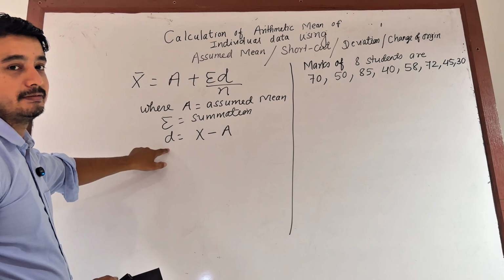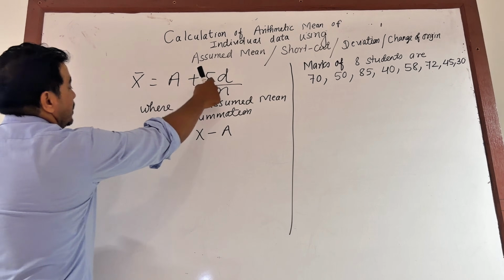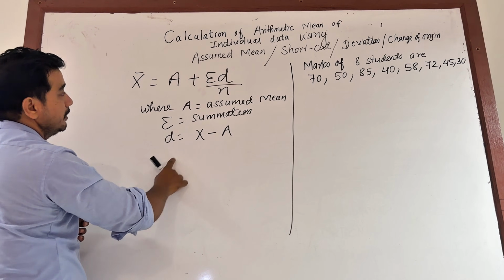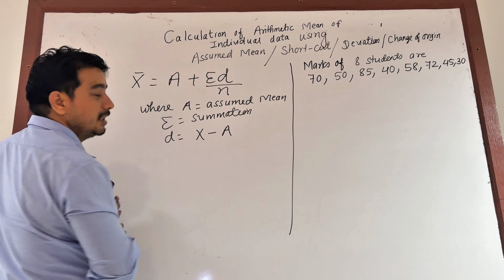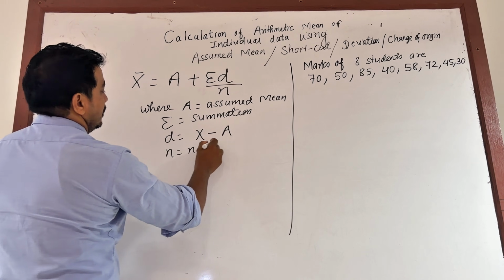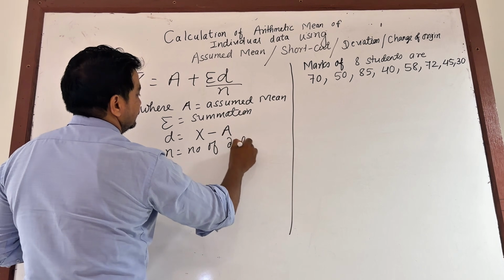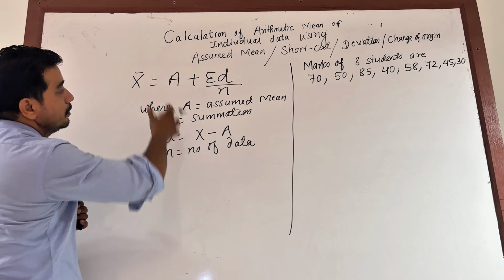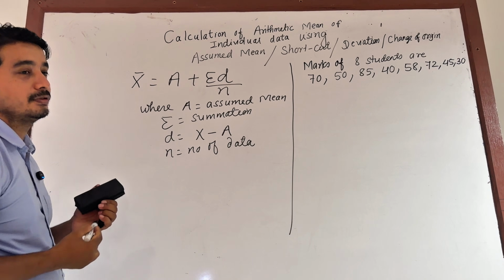Summation d means after finding d, we add all those d values. Then n means the number of data. If you know these symbols, it is very easy to solve the question.